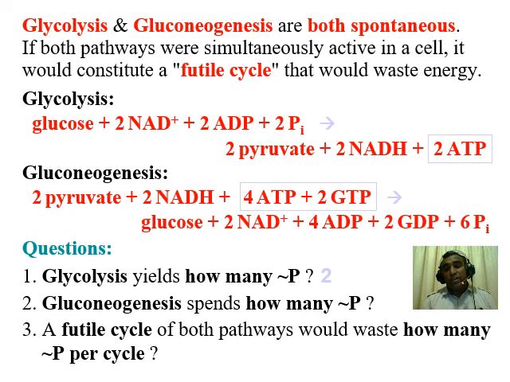But if both happen together, you have a situation where 6 minus 2, you need to provide another 4 ATP every time these two pathways take effect or happen spontaneously.